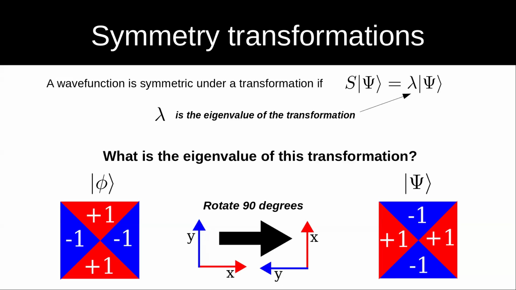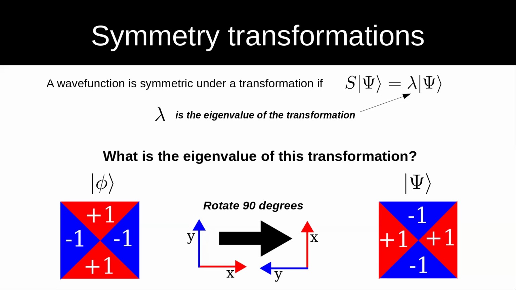The way to understand this is of course much easier if we look at a specific example. Imagine that you have a wave function that looks like the one in the bottom left. It's the wave function phi that takes values +1, -1, +1, -1 in real space. Then we think about a symmetry transformation that is a rotation of 90 degrees. When we do this rotation, our wave function transforms into -1, +1, -1, +1.